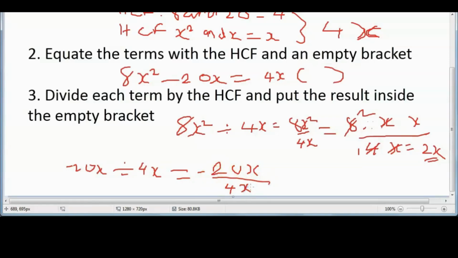We can cancel. 4 into 4, 1, 4 into 20, 5. x can cancel the other x. We are left with 5 as the numerator. Nothing on the denominator side.